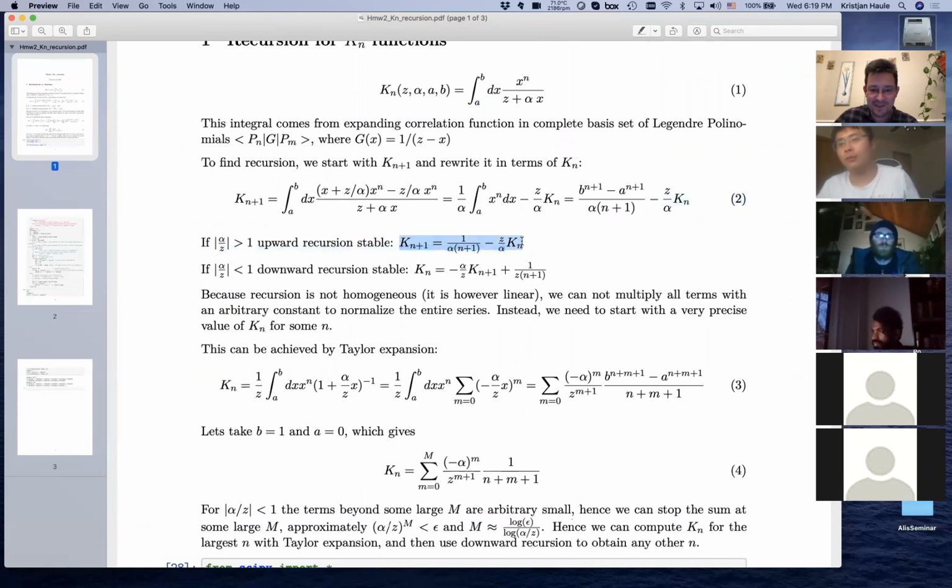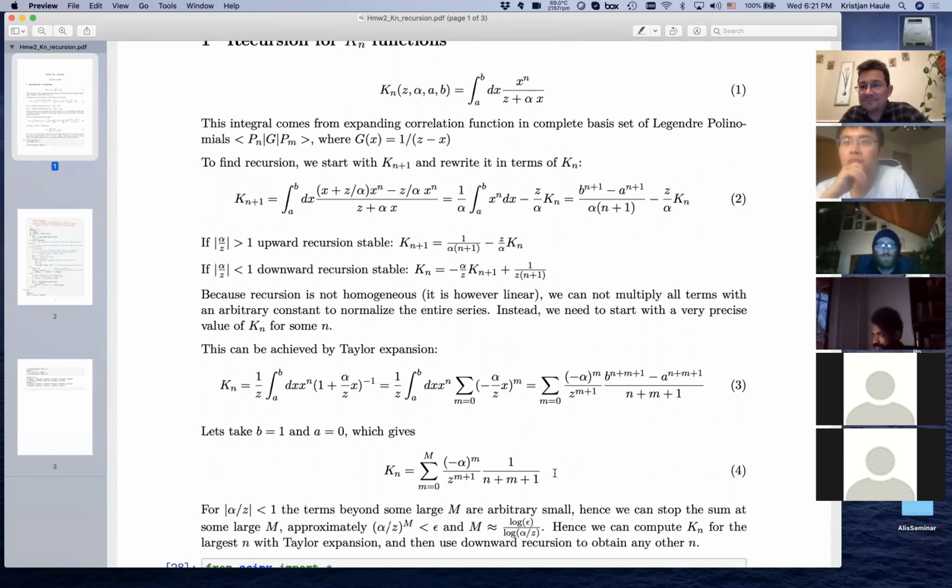Once you know the recursive relation, all you need to remember is that since this is not homogeneous, the upward recursion is completely trivial because you know k0, you can evaluate it. The downward recursion, however, is a bit non-trivial because it's non-homogeneous. Therefore, you need to have k for the largest possible n, and that can be done with Taylor expansion. Taylor expansion is something that you should also be able to do. It's pretty straightforward.